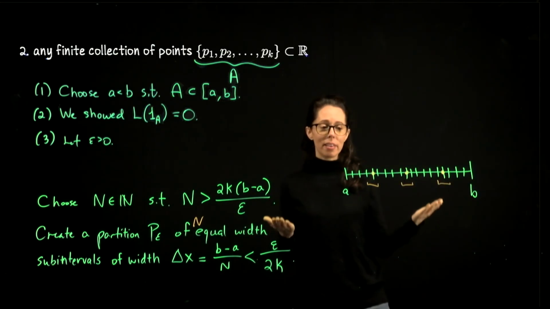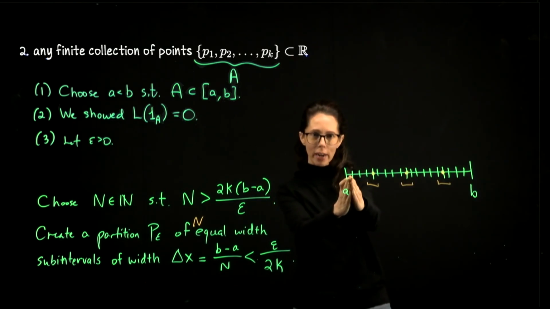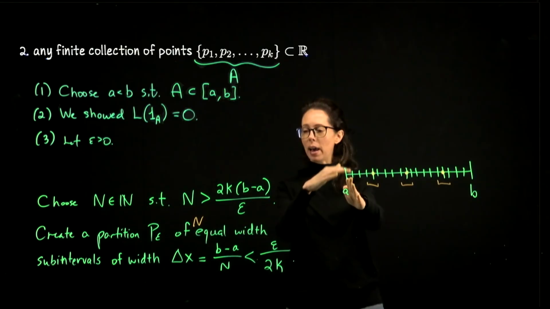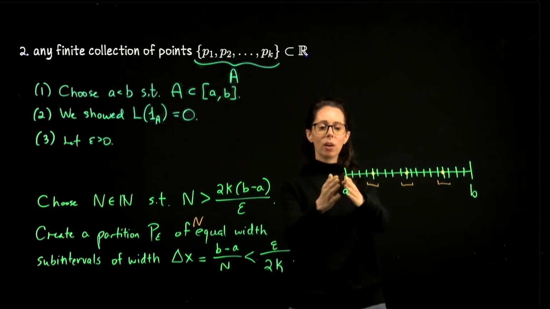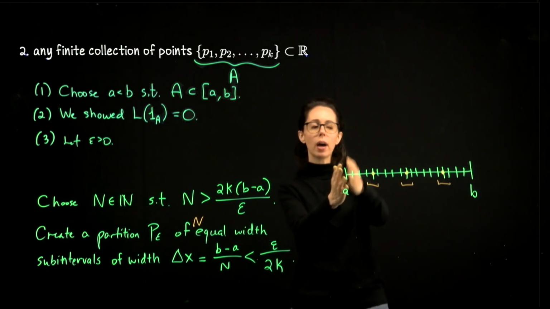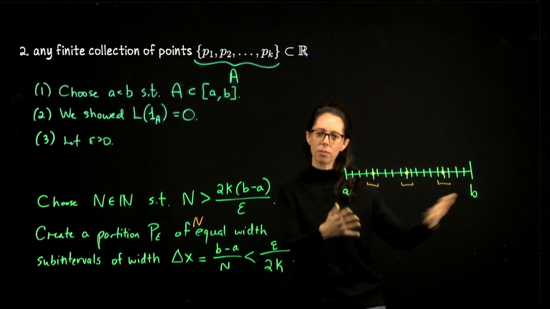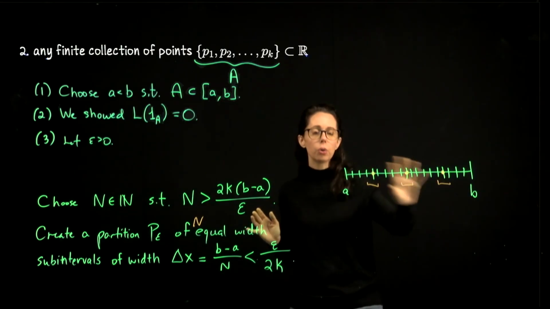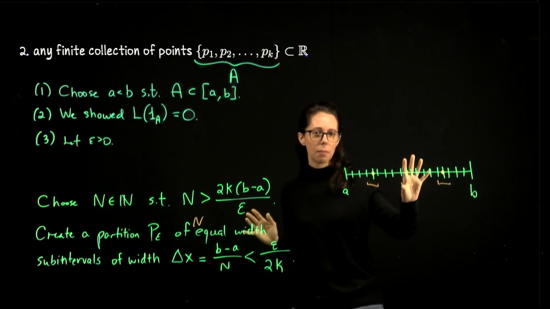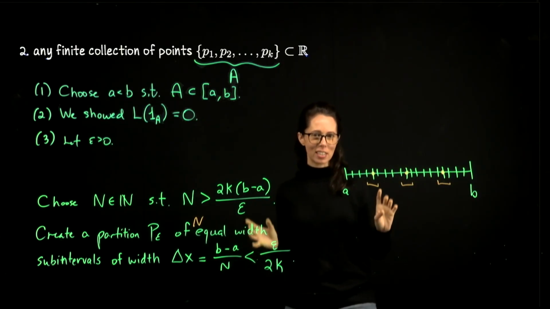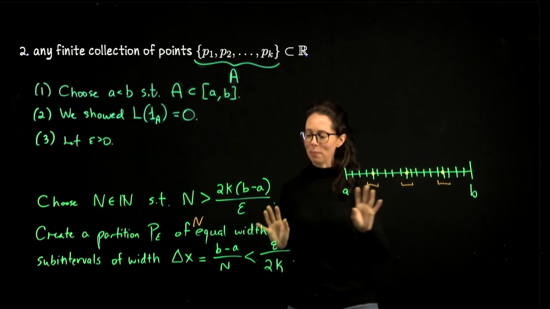It may happen that all of these points occur right in here, and only one subinterval is affected by the existence of these points, meaning over only perhaps this first subinterval does our characteristic function take the value 1, and everywhere else it's 0, and that's going to influence our upper sum. But the worst case scenario would be 2k subintervals are affected by the points. Over 2k subintervals, the characteristic function takes the value 1. I hope that makes sense to you.